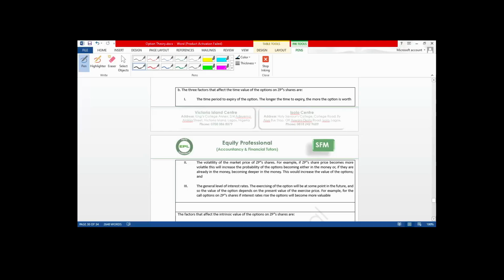For example, if the share price becomes more volatile, this will increase the probability of the option becoming in the money or deeper in the money if the price volatility is high. That will affect the time value of the option.